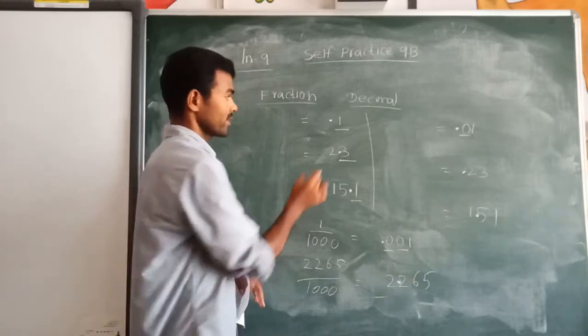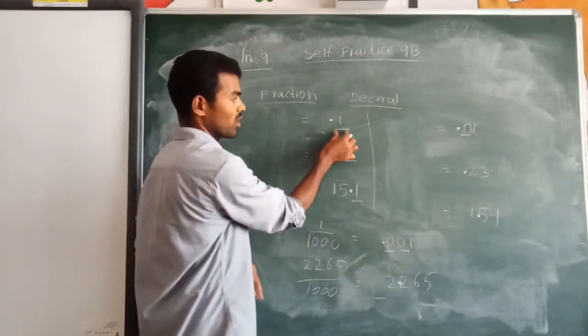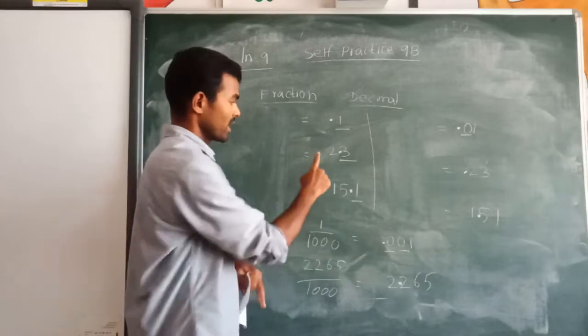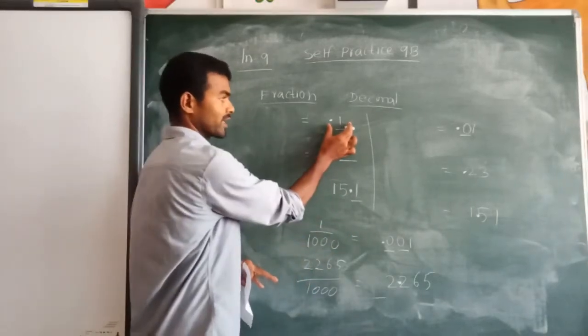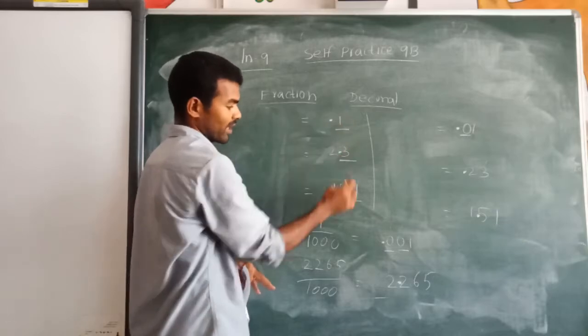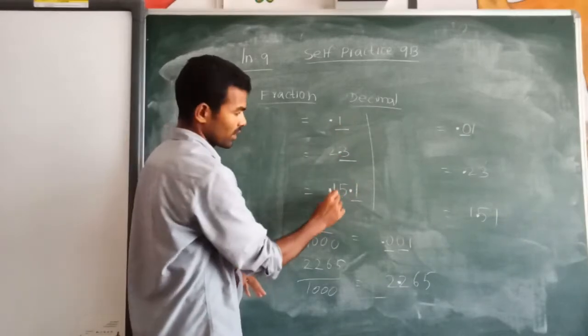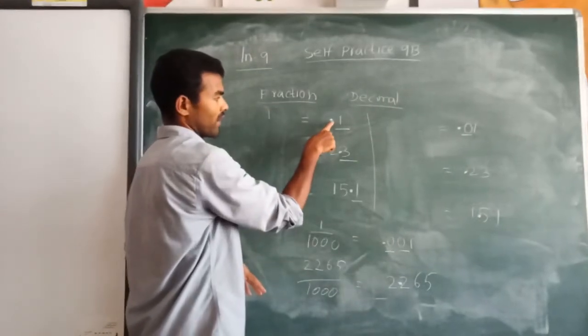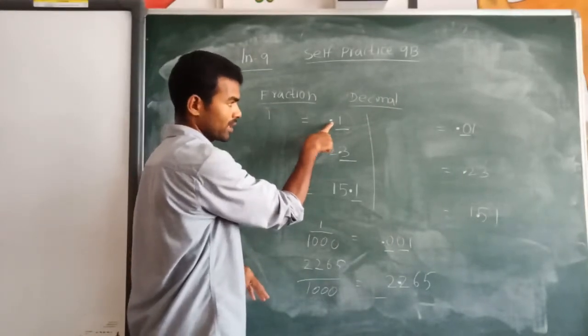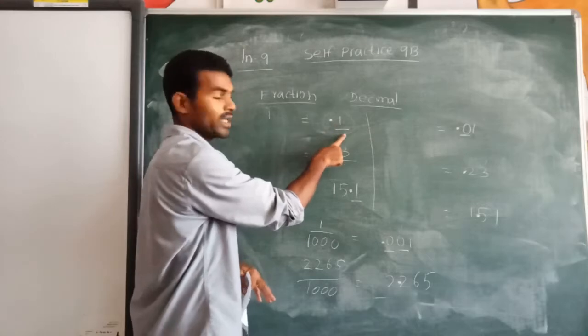In that case, see how many digits come after the point. 1 digit. Write the whatever number is given, the full number. After the decimal point there is only 1 digit, 1 decimal place.